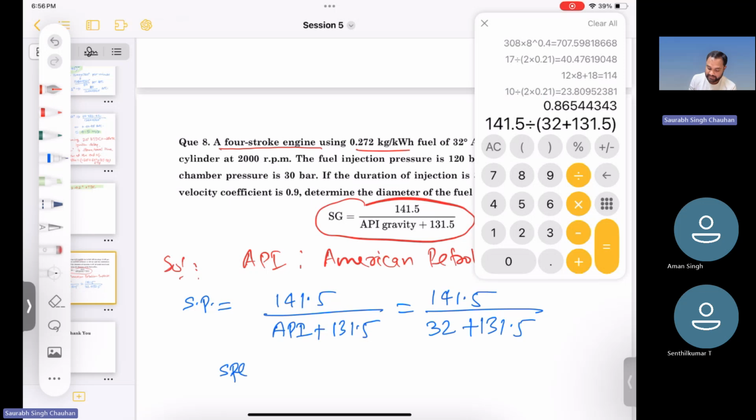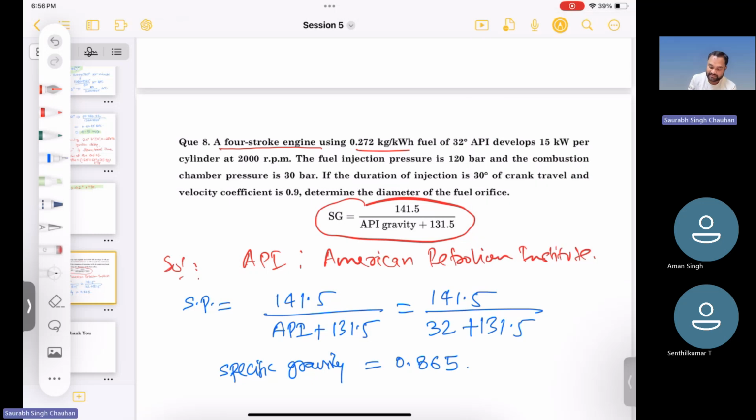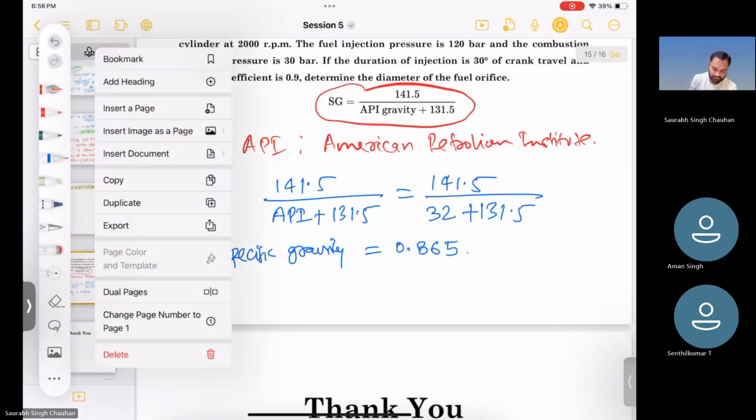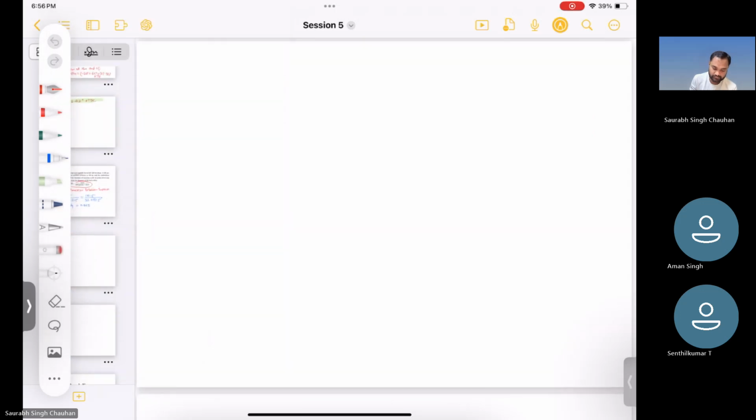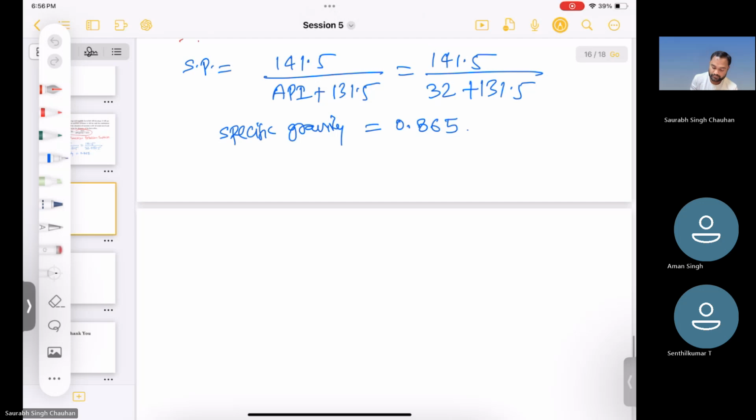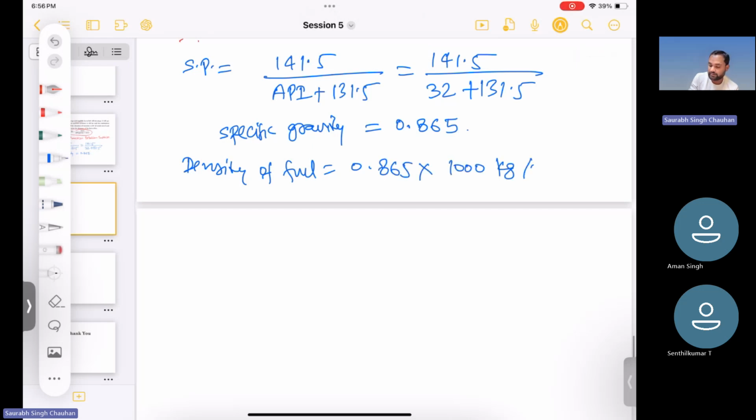So the specific gravity for this fuel is 0.865. What will be the density of the fuel? This will be 0.865 times 1000 kilogram per meter cube. This will be the density.